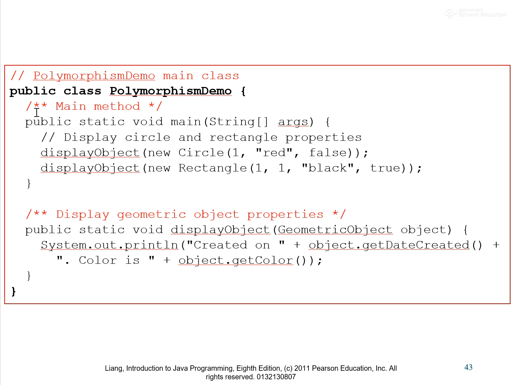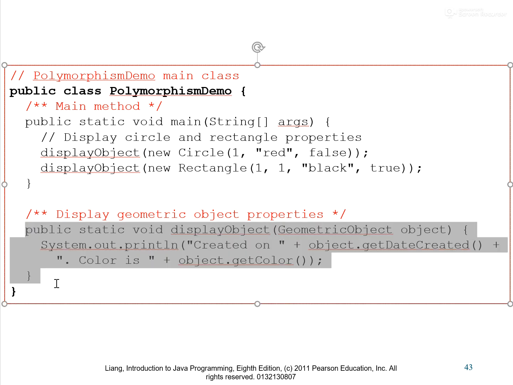So what I want to do is take the example that I have and extend the main class, week 9_2, by adding a method to it.